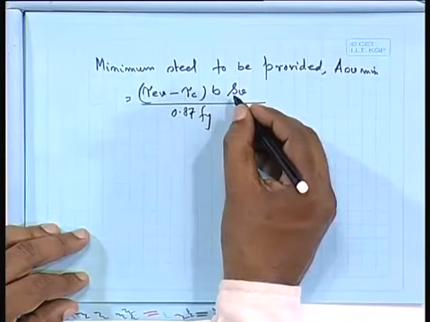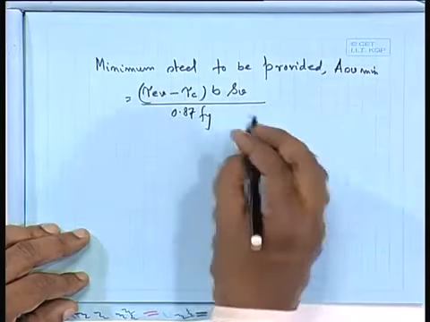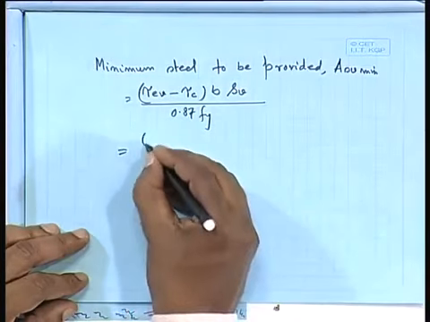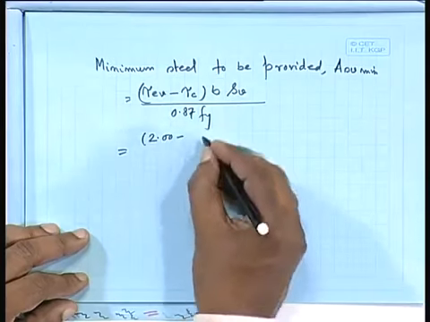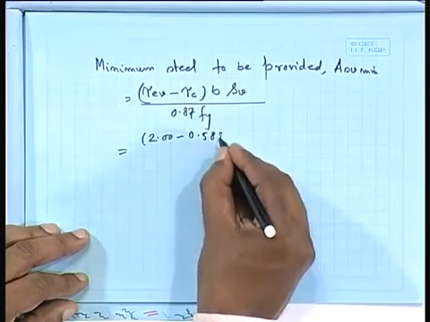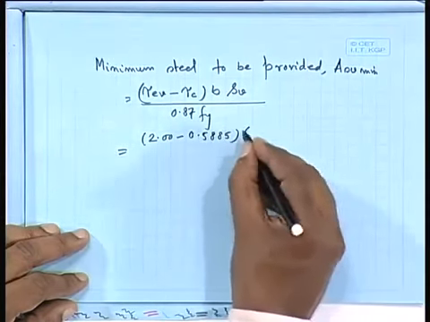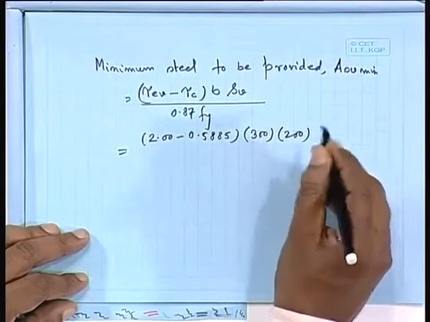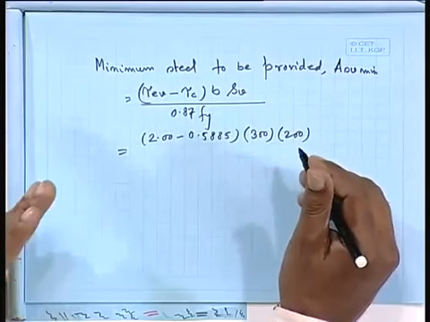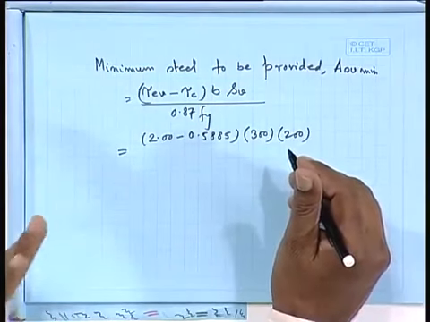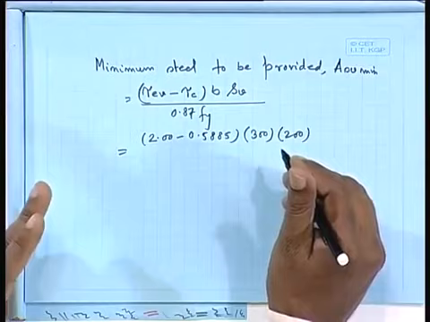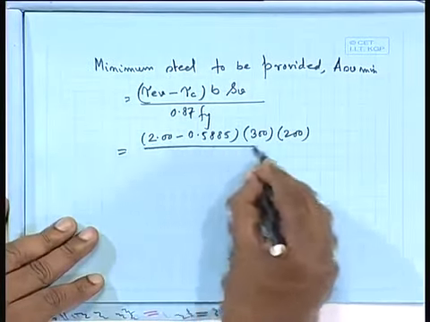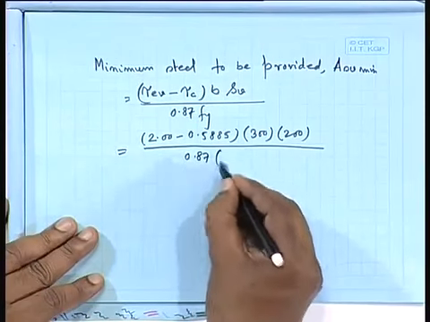SV is the spacing. So tau EV we have got as 2, tau C 0.5885, B is 300, spacing let us take 200 millimeter. And then on the basis of that we can find the area of steel divided by 0.87 times 415.